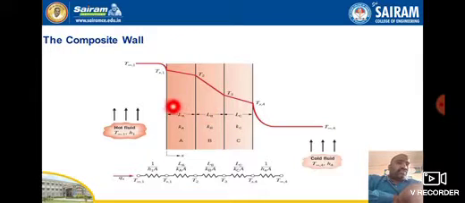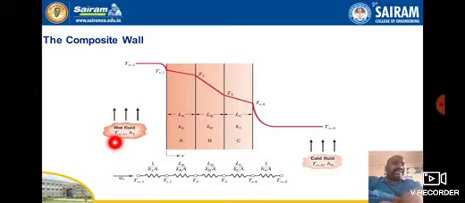Here the heat is transferred from the air, that is T infinity 1, and reaches surfaces T1, T2, T3 and T4, and finally it is exposed to the atmosphere, that is T infinity 2. On one side the hot fluid is moving, and on the other side the cold fluid is moving. Now we can find the rate of heat transfer. You should remember that the heat transfer through each material is the same.